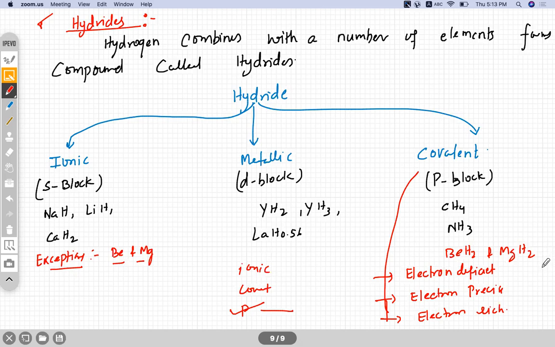So it depends what options we have. If the option contains partially ionic, partially covalent, then we'll go with that. Otherwise, between ionic and covalent we'll go with covalent, because its covalent character is more. Copy this down, and then we'll see this one by one. Some properties also we'll discuss.